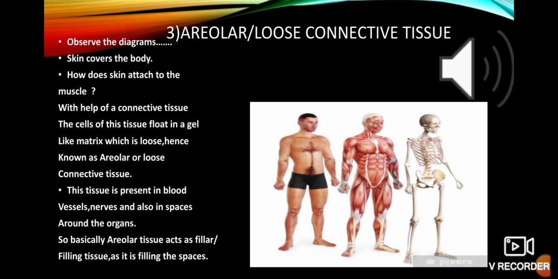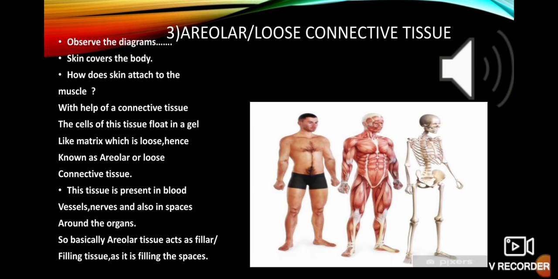The purpose of showing this picture is to know that your body has an outer covering as skin. The skin needs to be attached to the muscles present in the body, as muscles cover most of the bones. So how is this skin attached to the muscles? With the help of another type of connective tissue known as areolar connective tissue.